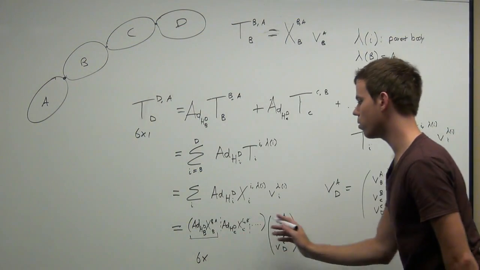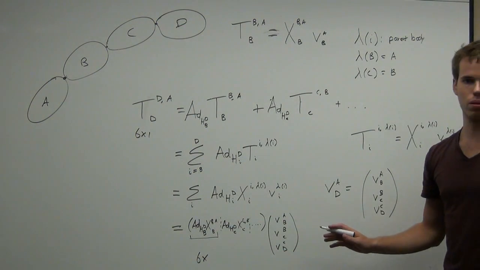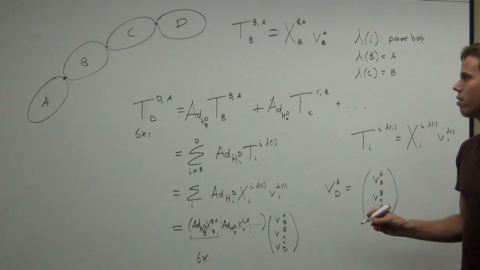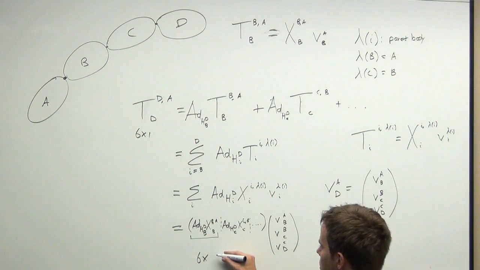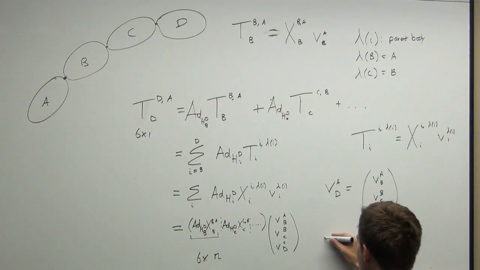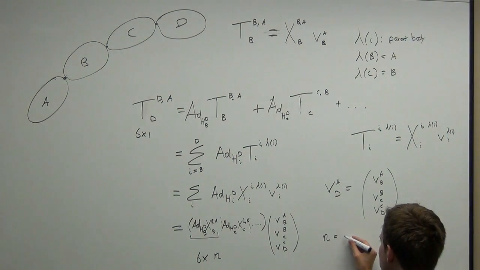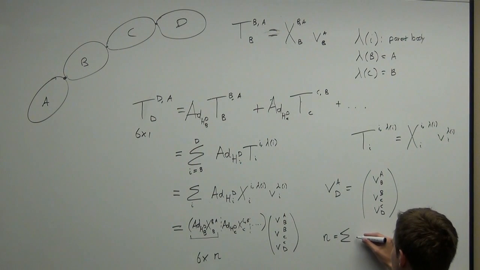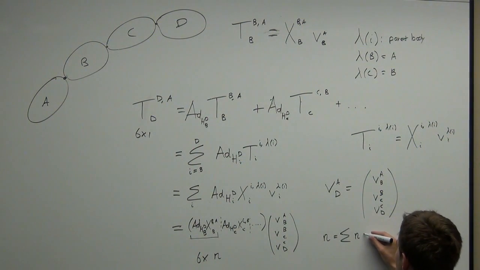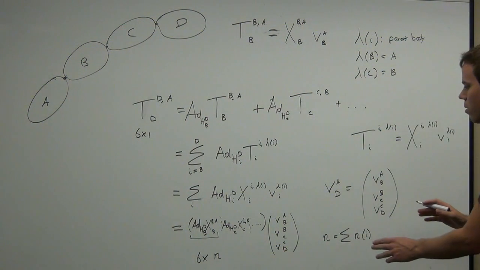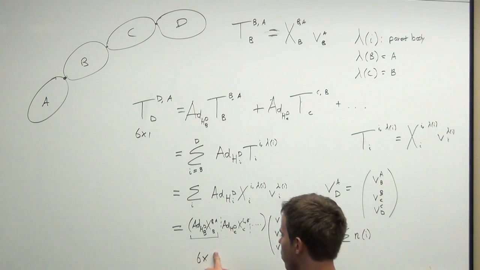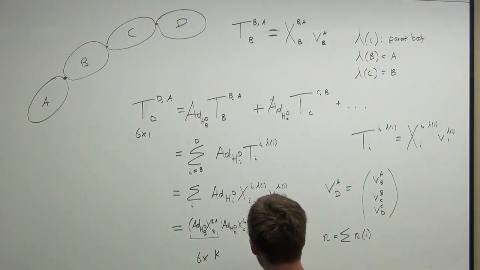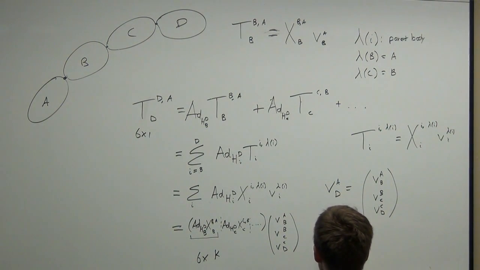By some number, where the number is the number of velocity degrees of freedom. So really, let's call it k, where k is the sum of the velocity degrees of freedom of all of the joints.